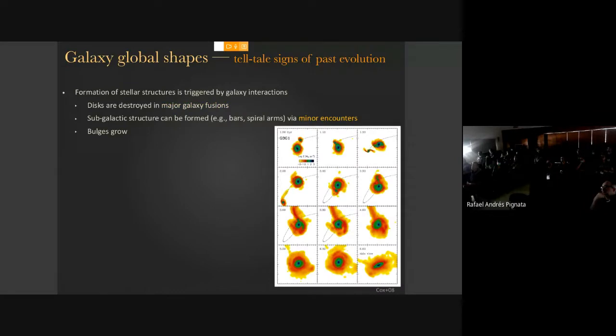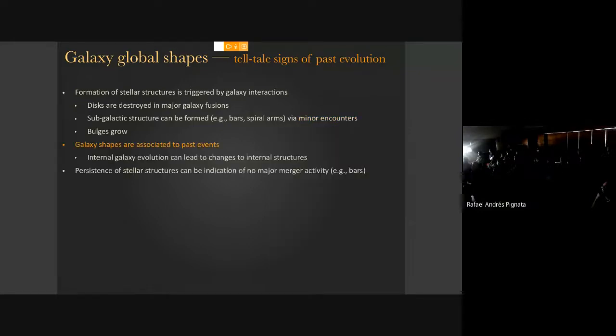Through minor mergers, which are not something major that will destroy the disk, you can also have minor mergers contributing to the growth of central bulges, and transformation into other kinds of bulges, pseudo-bulges. The main thing is that the galaxy shapes will be associated to different past events.